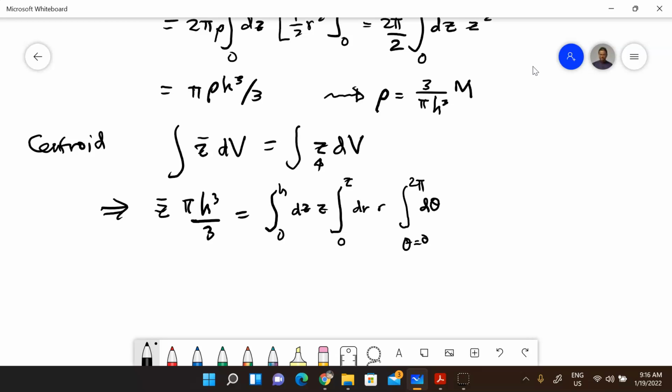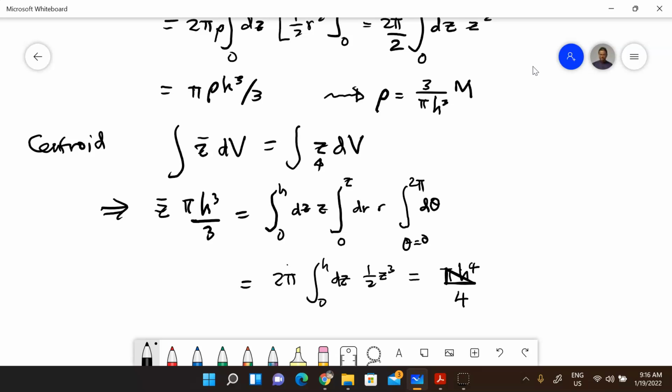Again, this is almost the same integration apart from this part. Let's just do the integration, and you'll find that the first two are just what we have done before. What's left is the z integration, which is half z cubed from 0 to h, and that gives us pi h to the 4th over 4.